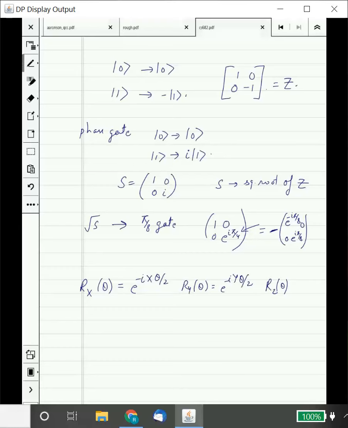These gates are very interesting because using these gates we can apply arbitrary unitary gates, or I should say arbitrary single qubit unitary gates.